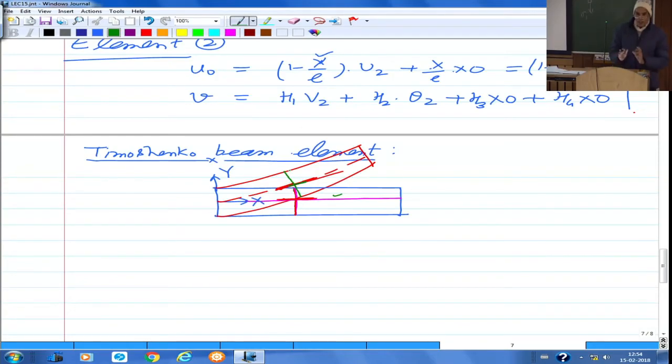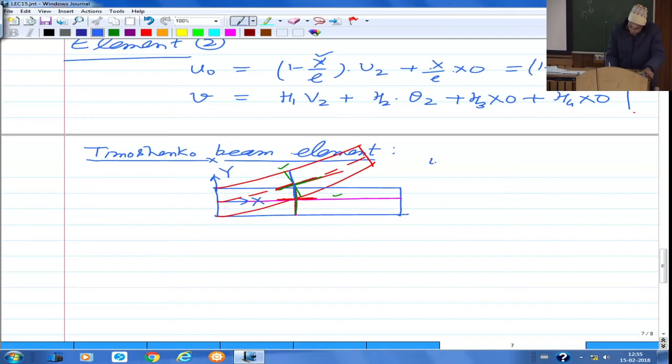But when we relax that condition, this green line is still normal to the tangent drawn at this location, but the actual line here, which is this cross-sectional line, will not coincide with this, but would be at some angle. So let us say that angle is something like this. So now this line is no longer along the normal, but is at some angle, and this normal, which is not remaining normal to the deformed surface after the deformation, we call the corresponding theory Timoshenko beam theory.